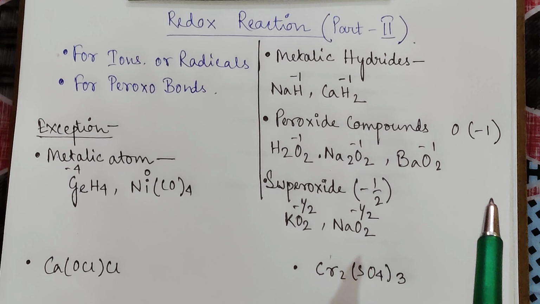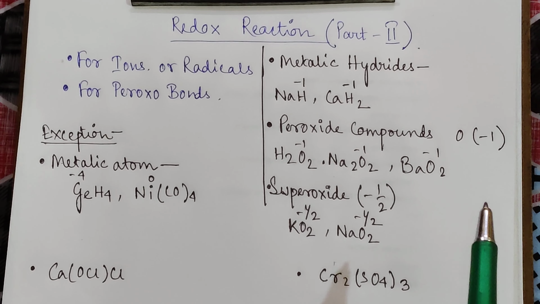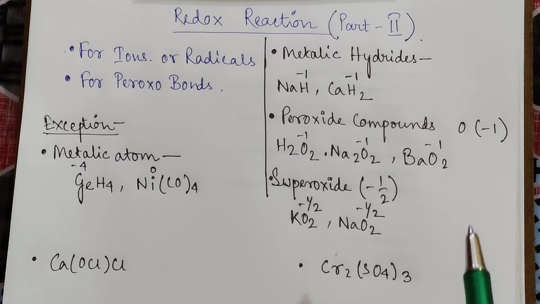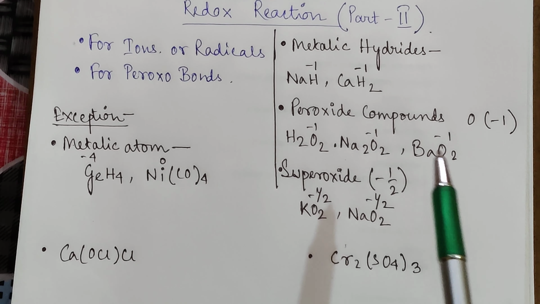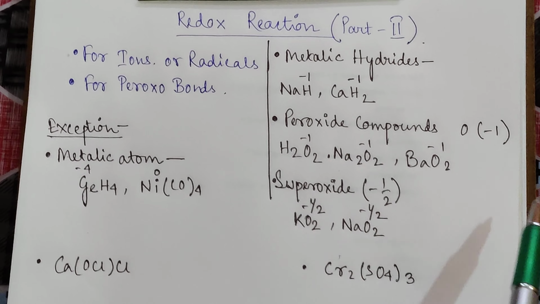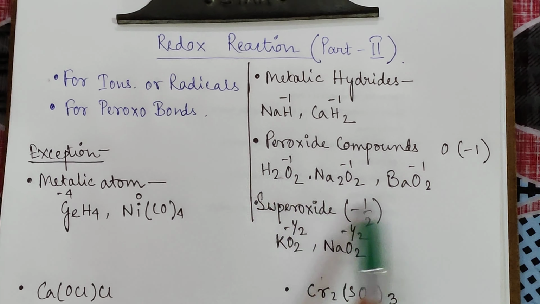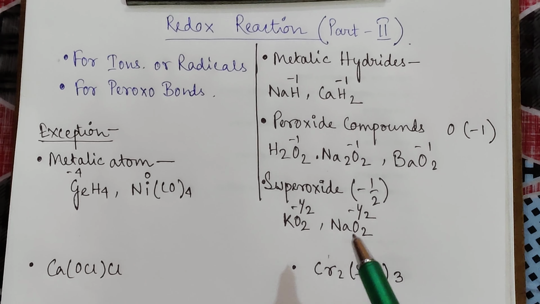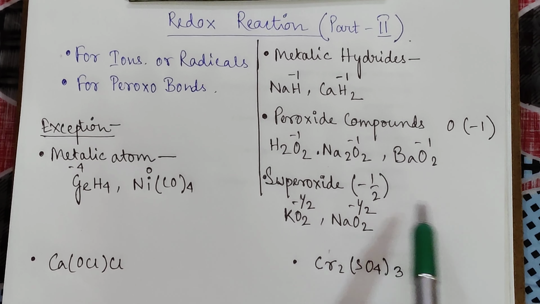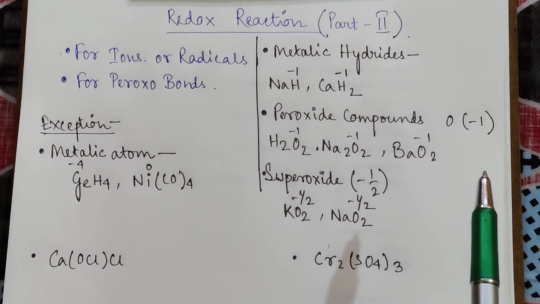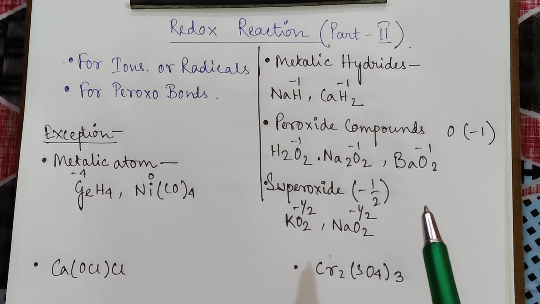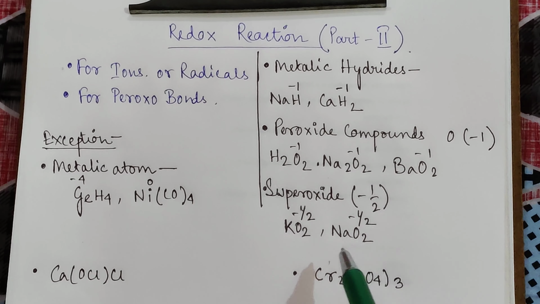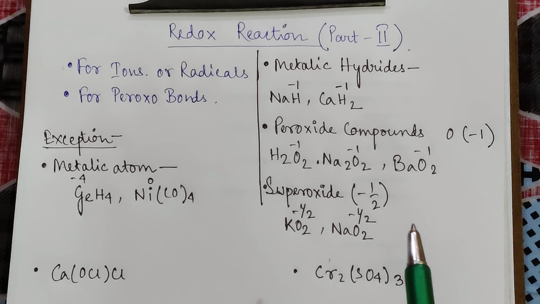We'll come later to how we can know how many peroxo bonds are present in a compound. But for example, hydrogen peroxide, sodium peroxide or beryllium peroxide all have -1 oxidation state. And any superoxide will always have -1/2. We have already discussed that oxidation number can be a fraction and can also be negative. So -1/2 for potassium superoxide or sodium superoxide.